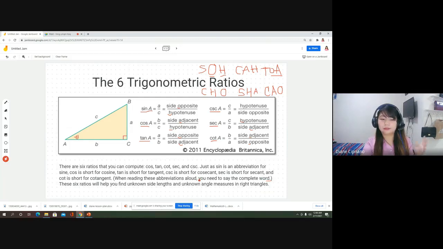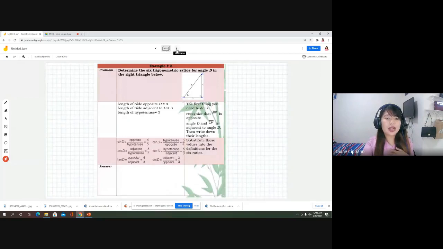Even though it is just CSC, we will read that as cosecant. Even though it is just sec, we will read it as secant. So tip: the 6 trigonometric functions will help you find the unknown lengths and unknown angle measures in the right triangle. Next, for our example number 3.